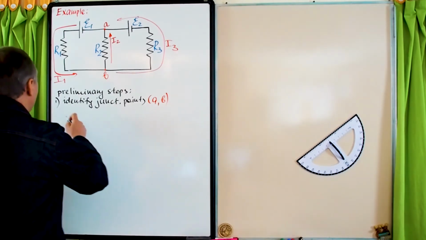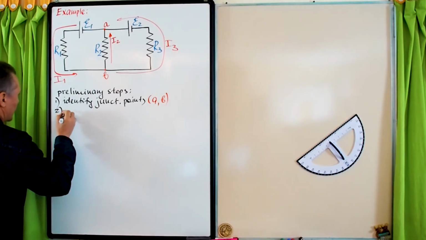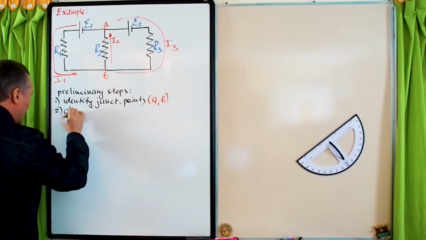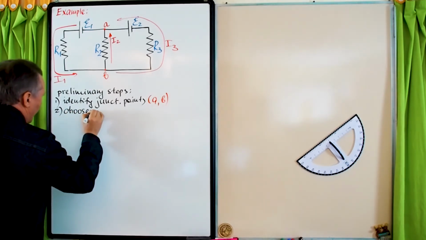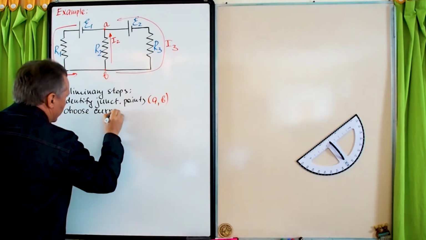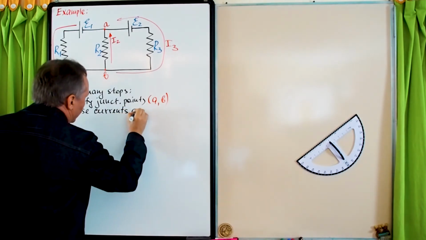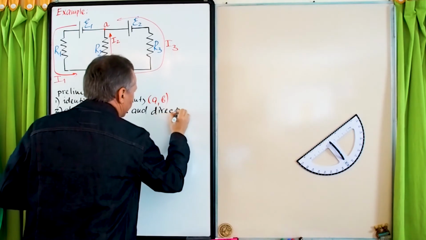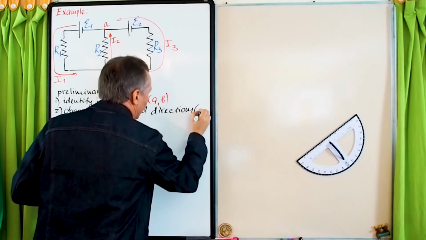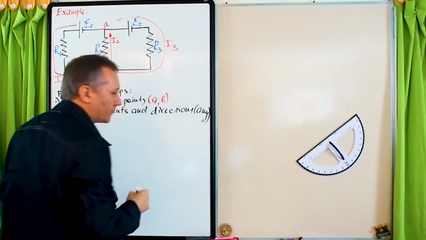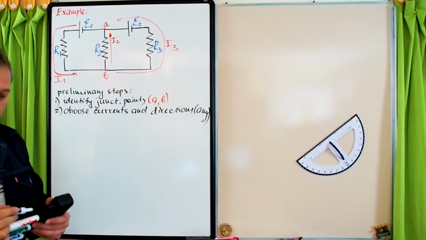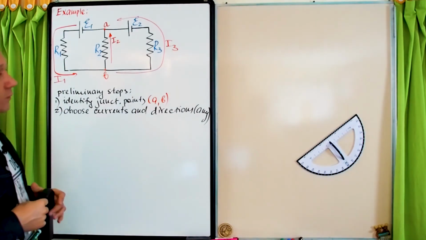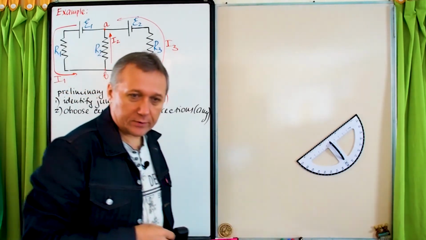Okay, so now the second preliminary step: choose or label currents and choose directions.